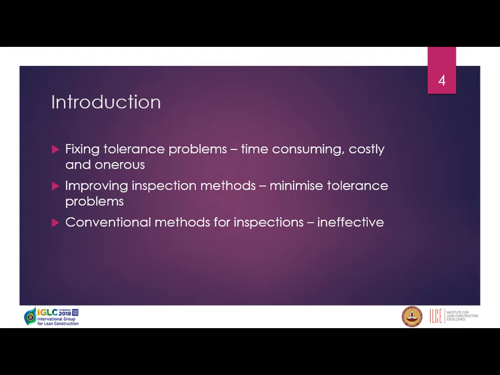It is generally believed that one of the methods to improve tolerance management and avoid tolerance problems is to improve inspection methods. But what is the problem with the existing inspection methods? When we are talking about totalization or dumpy level, they are very time consuming and laborious because most of the time they require direct contact with the component, or sometimes they are destructive.